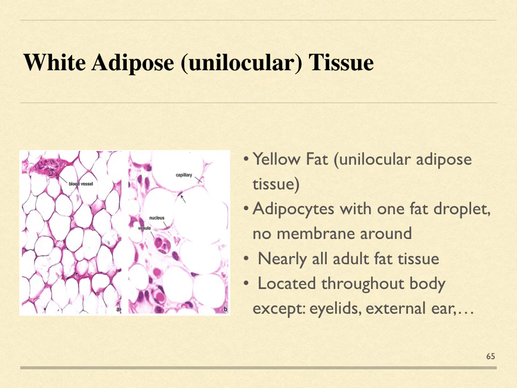In an adult person, all of the fat tissues or adipose tissues are the white adipose tissue, and you can find this type of white adipose tissue throughout the body, except in the eyelid and in the external ear.